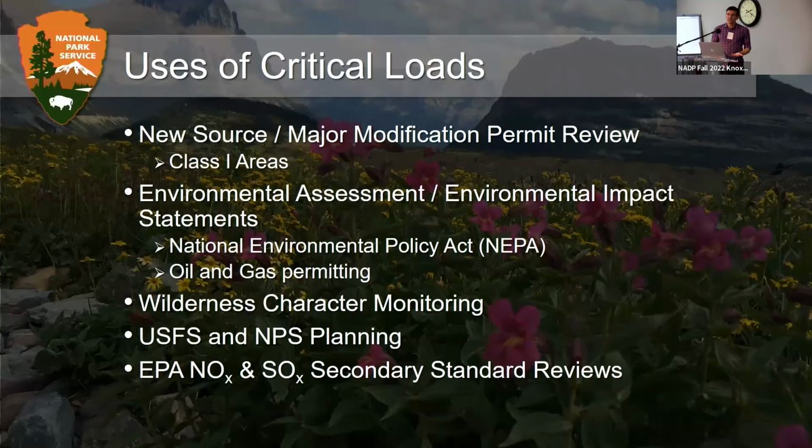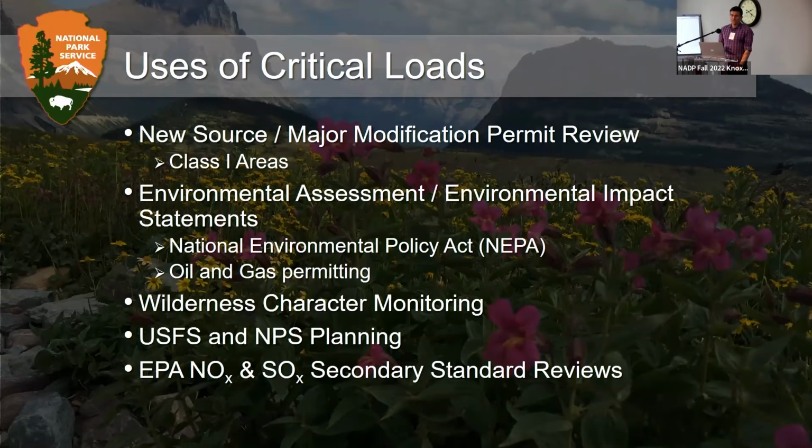We need to know this information because a lot of federal lands are using critical loads to advance management and planning activities, including looking at new source and major modification permit review. So when there's a new pollution source, is it causing additional harm in these national parks and national forest areas?